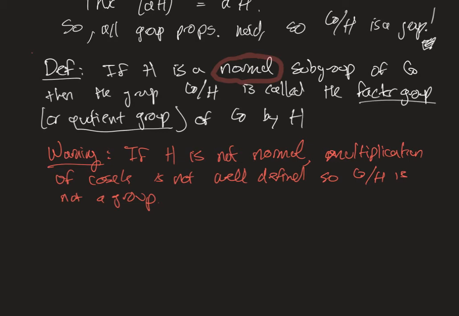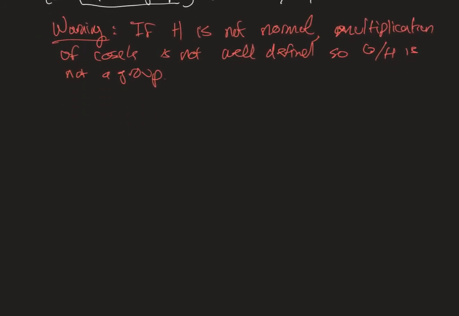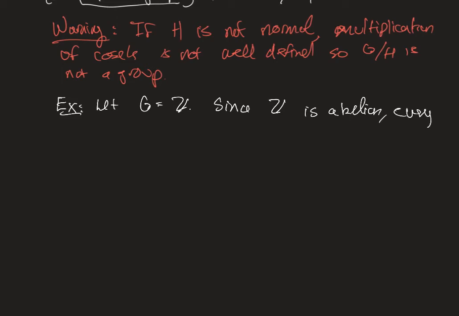So let's do an example. Let's let G be Z. Since Z is abelian, every subgroup is normal. So we don't have to worry about checking this normality condition. So let's redo the example from the previous video.